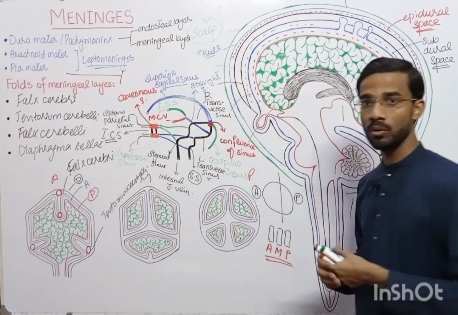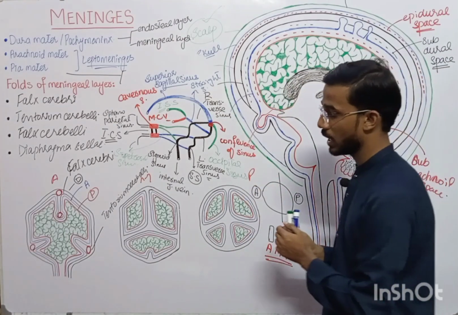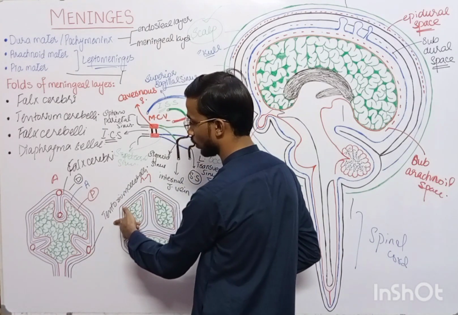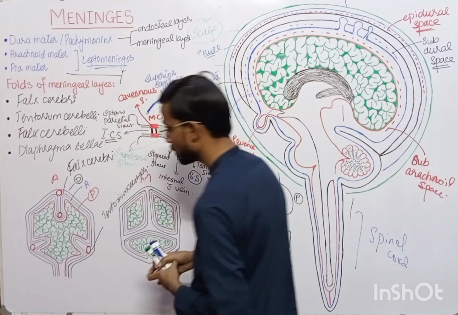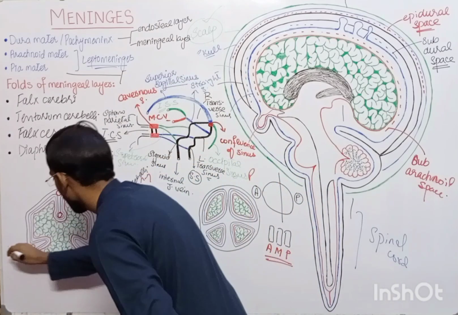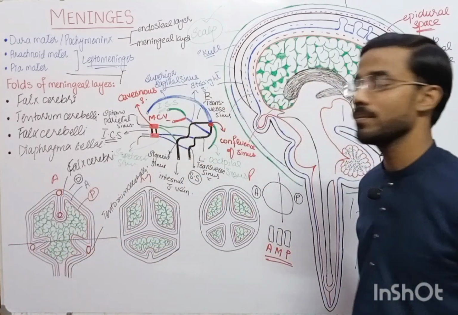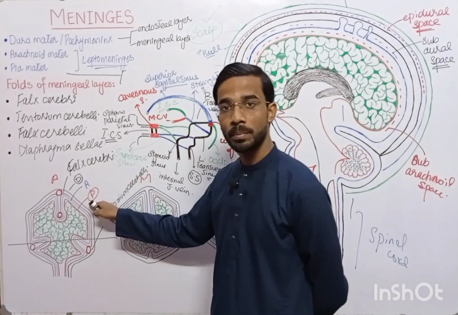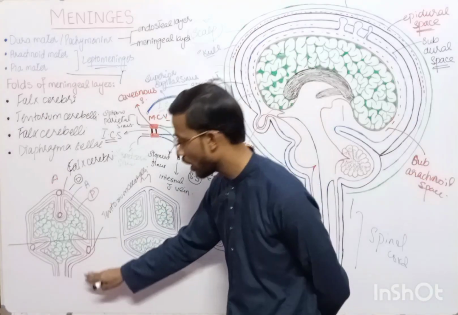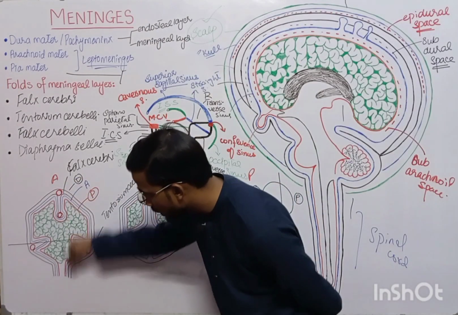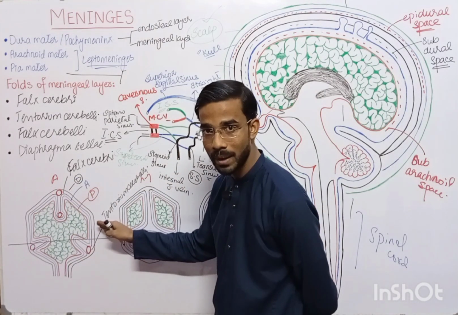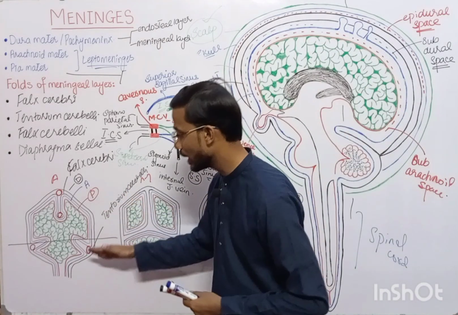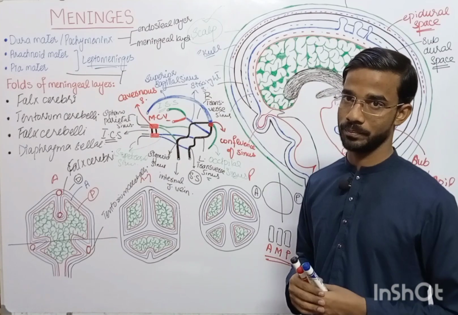These are the two folds. So this is the falx cerebri, this is the tentorium cerebelli. On the basis of the tentorium cerebelli we divide the brain into two parts: the structures above are supratentorial, and the structures below the tentorium cerebelli are called infratentorial.